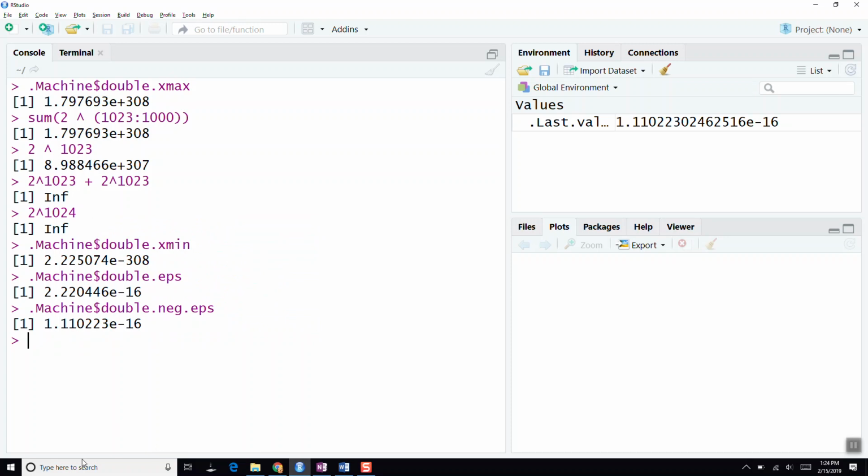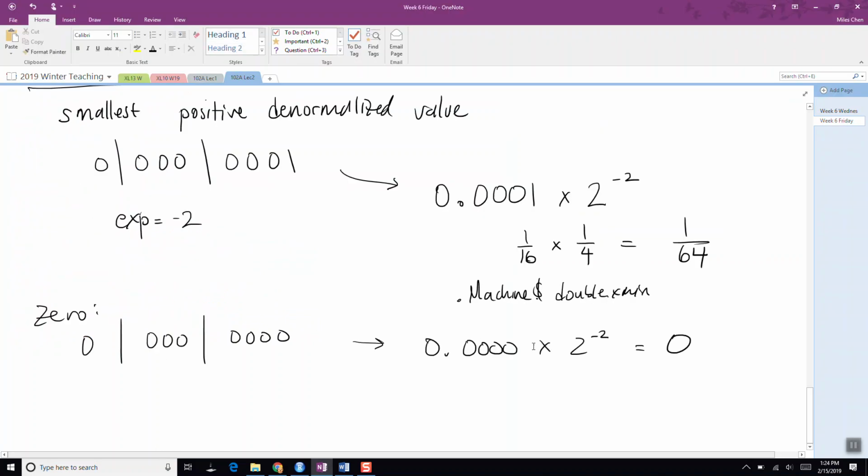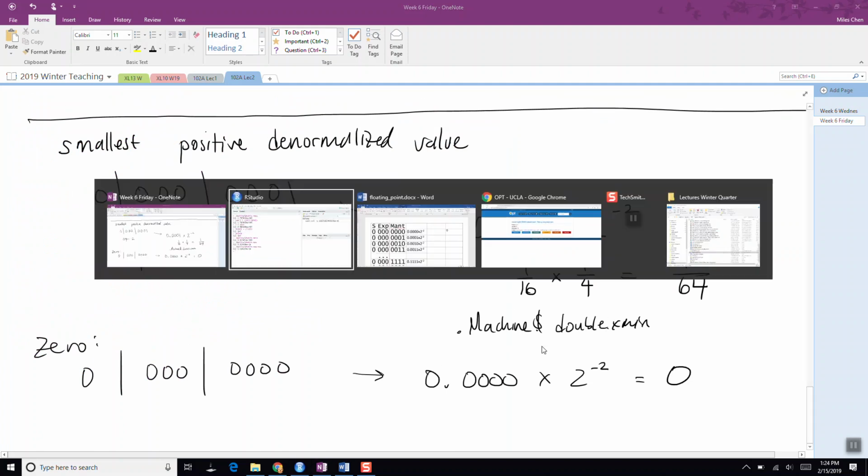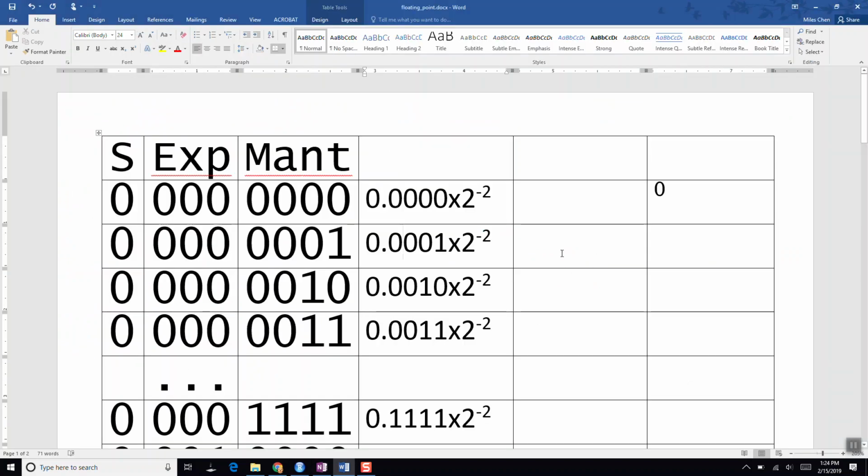All right, the double X-Men, I think this is the smallest non-zero value we can represent. Okay, let's go back to our thing here.